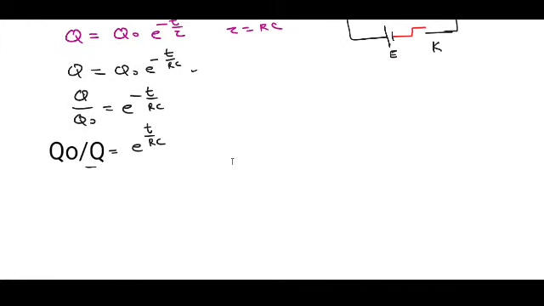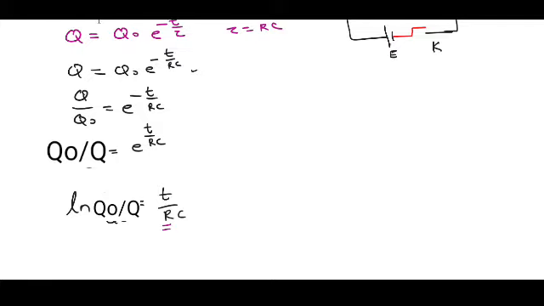If I take the natural log, this will be natural log Q0 by Q, and the right hand side will be t by RC. We are interested to calculate the resistance of an unknown resistor by the discharging method. Shortly we will call this the leakage method. Our interest is to find out the expression for R.